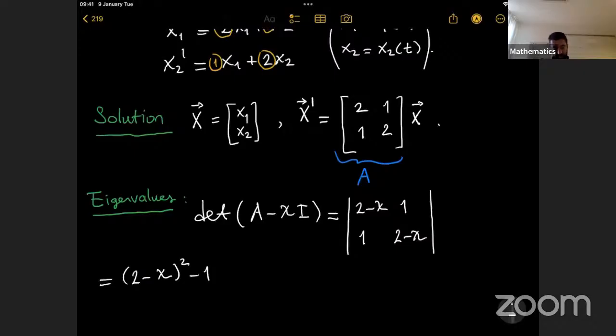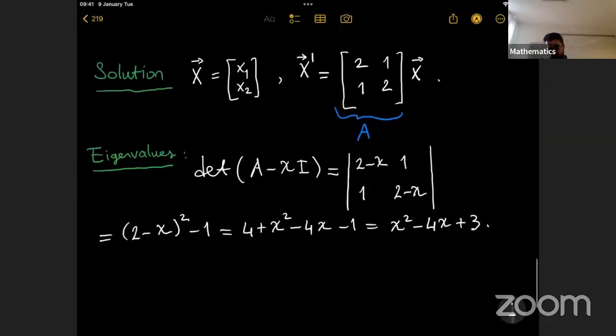That is 4 plus lambda squared minus 4 lambda minus 1, or lambda squared minus 4 lambda plus 3. The roots: you can write this as lambda minus 3 times lambda minus 1. So there are two eigenvalues, 1 and 3.